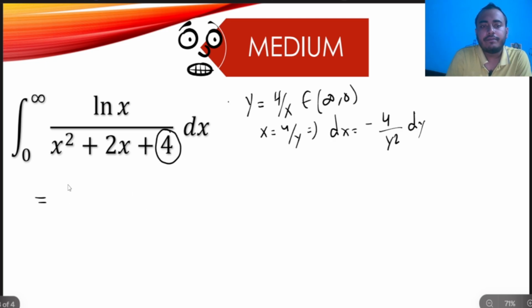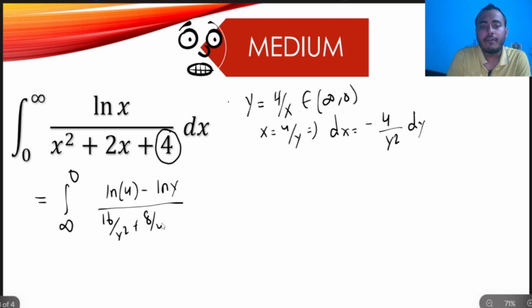This would mean that we will have infinity to 0. Ln of x is going to be ln of 4 minus ln of y. And now x squared is going to be 16 by y squared, 2x is going to be 8 by y, and then we have simply 4. And then dx is nothing but minus 4 by y squared dy.